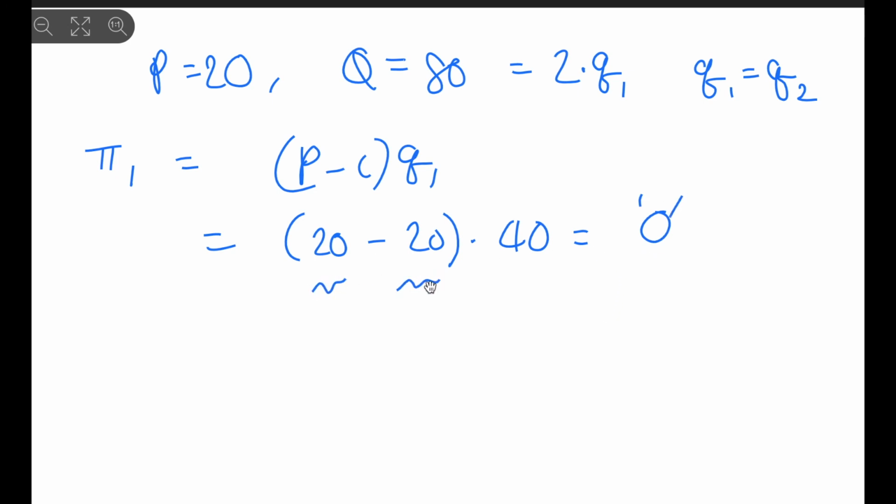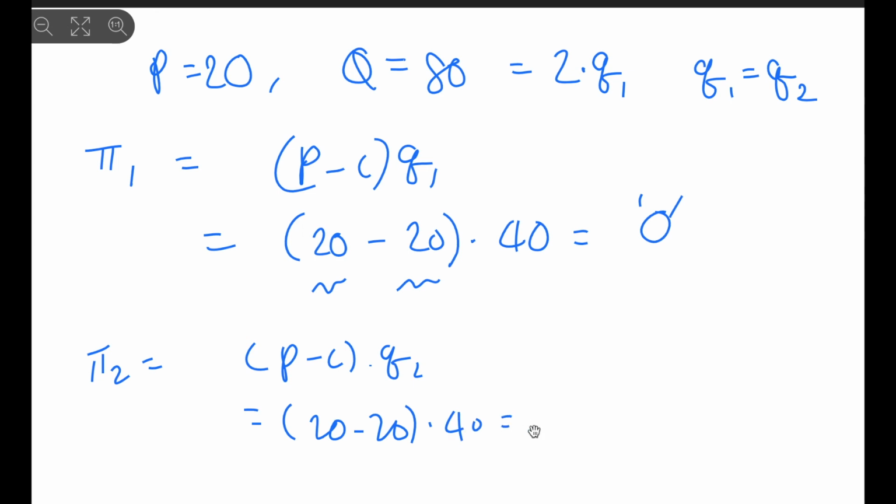Price equals the cost. What about farm 2? We have the same situation, P minus C times Q2. What is P? 20, C 20, Q2 40. So like farm 1, we get 0 profit for farm 2. So for the profit, we have 0 plus 0 becomes 0.